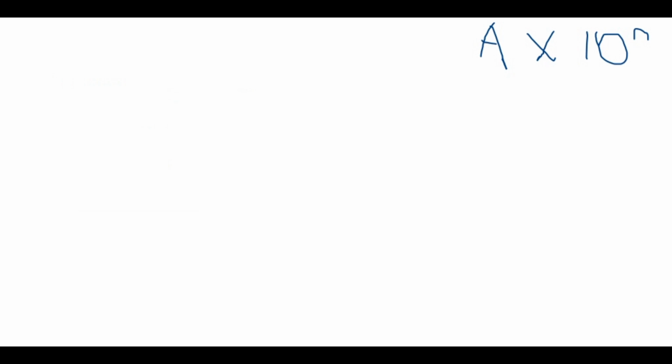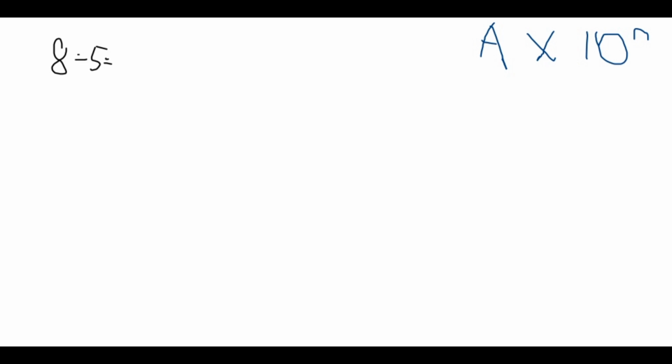Now let's try this tricky one. Let's say we have 8.5 and we are supposed to convert this to standard form. Now 8.5, you can't move the point, that would be wrong because then there will be 2 decimal points.